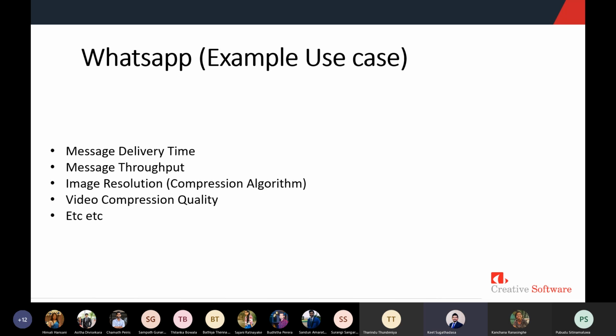All of these big companies in the world actually have large SRE groups monitoring these kinds of aspects. So I just came up with my own set of service level indicators to measure these. For example, if I'm saying that my WhatsApp application is working as expected, I actually check the message delivery time.